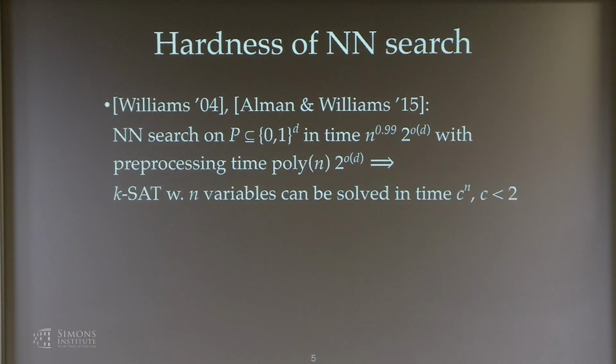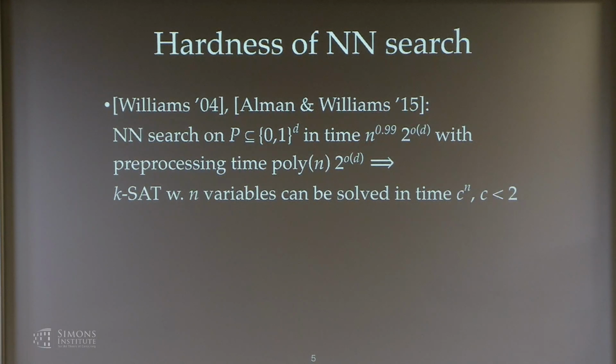This is the least we could ask for, basically. It's just slightly non-trivial. It beats linear search, it beats enumerating all the answers. And suppose we could do this with pre-processing time that's polynomial in n and sub-exponential in d.